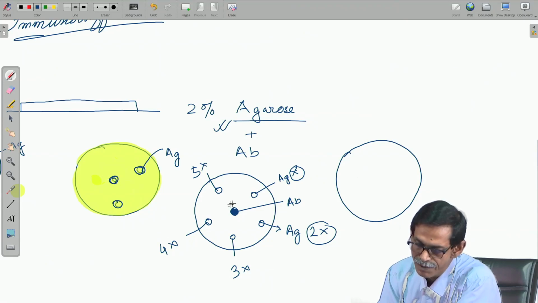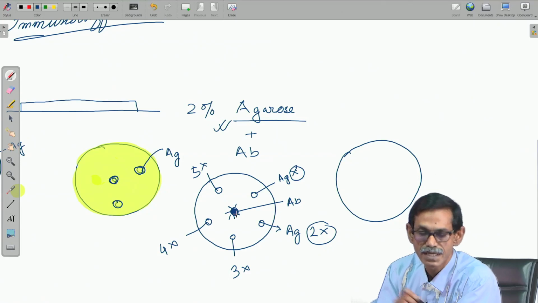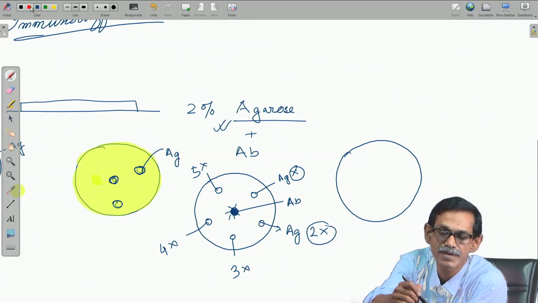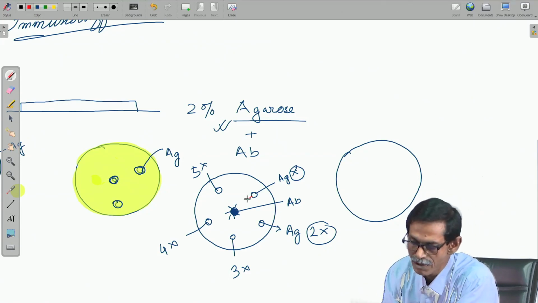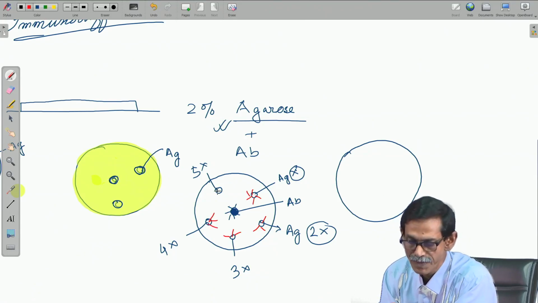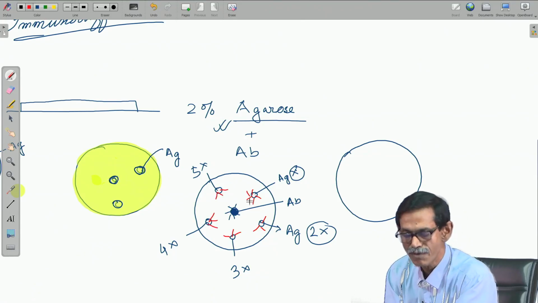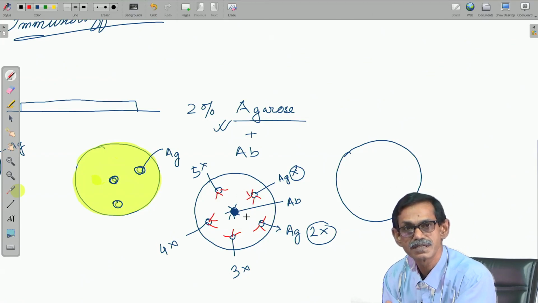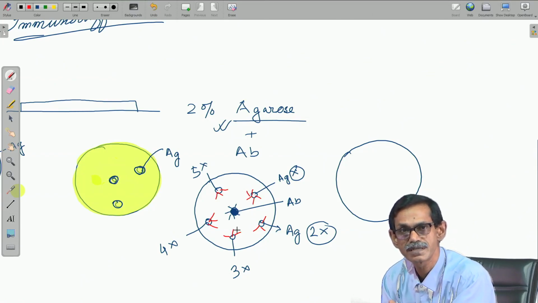Antibody will diffuse in all directions equally. In the same way, if I make the antigen red, that will also diffuse in all directions, from all wells. So, what will happen? For each case there will be a precipitation line.